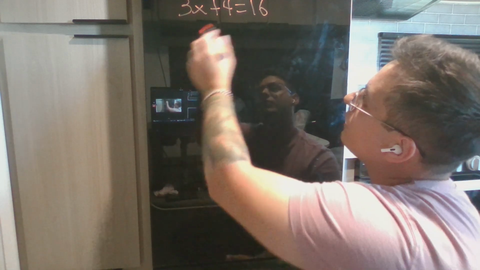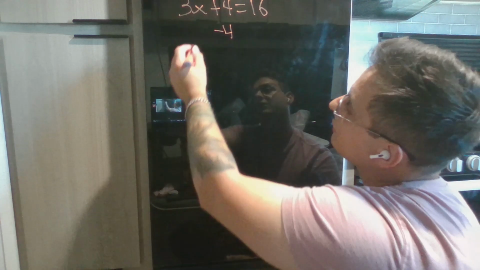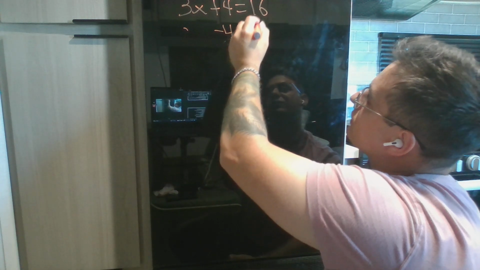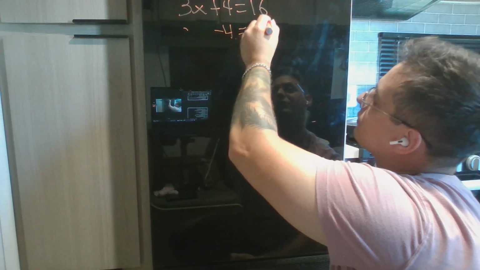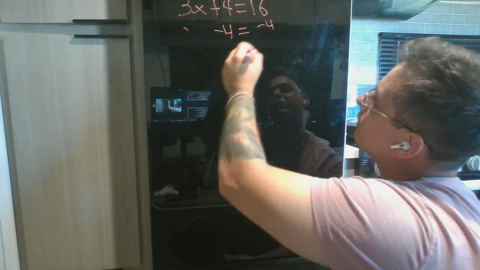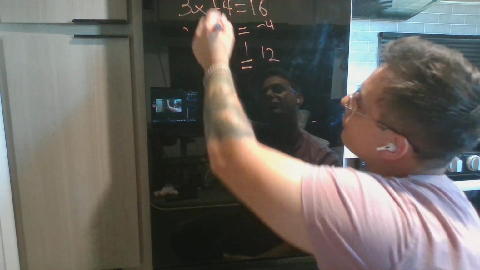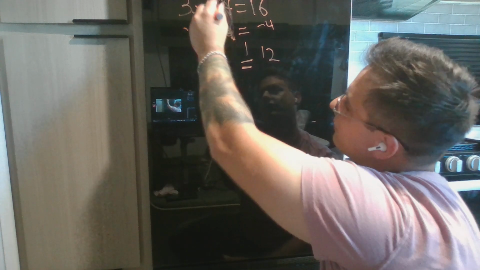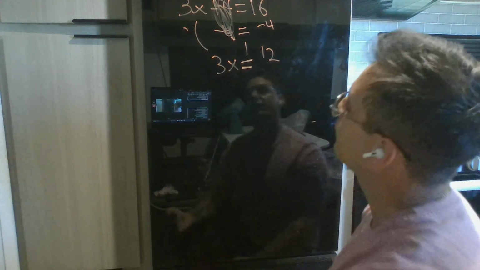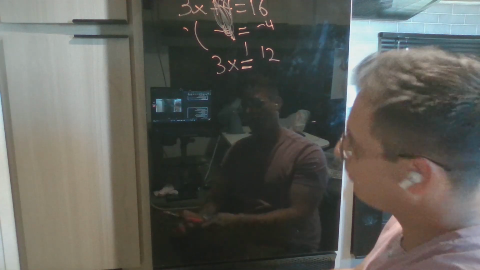So 3x plus 4 minus 4 is going to equal 16 minus 4. 16 minus 4 is 12. Plus 4 minus 4 is nothing. It cancels out. We bring our 3x down. So 3x equals 12.